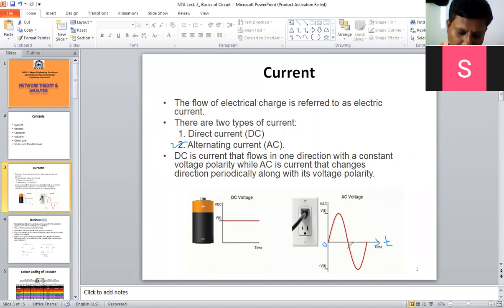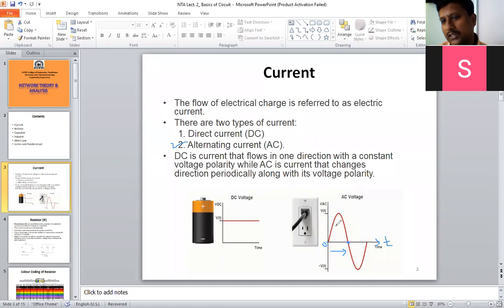Here it becomes 0, here it is 0 again. In the negative cycle, the negative amplitude is there, and in the positive cycle, the positive amplitude is there. This means as the time increases from 0 to infinity, the amplitude of that current signal is continuously changing. Here the frequency is the same.